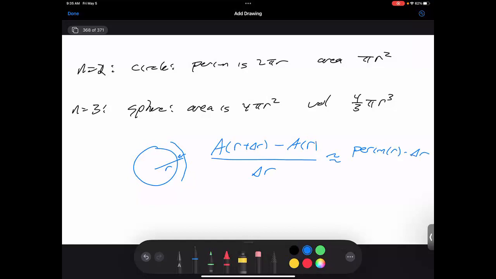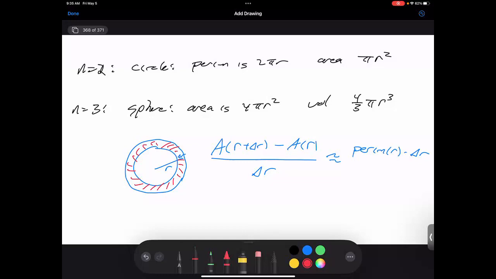If I want to just try to calculate what is the area of that small little sliver between them? Its thickness is basically delta r. So if I cut things out, it seems like it should be like perimeter times delta r. So if I take the limit, the derivative of the area should be the perimeter. You have to make this a little bit more rigorous, but this is a nice way to remember the different formulas.